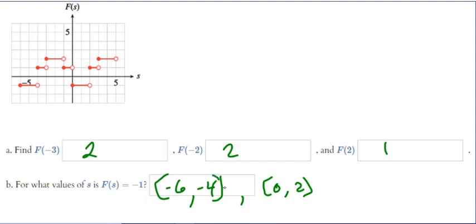Okay, and if you got 2 intervals there, you got to put a comma between them because those are all the points.